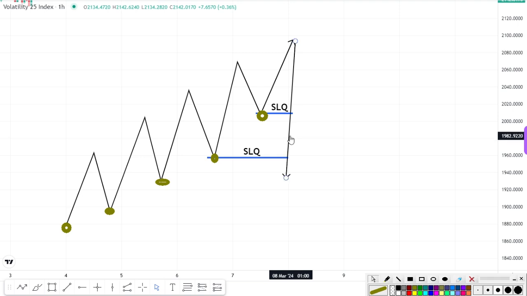We want to see it sweep liquidity with a wick, most times. But if it must be the body, it should not be more than 1 or 2 candles. That is exactly for an uptrending market. The reverse is the case in a downtrending market, which I can equally share with you guys quickly.